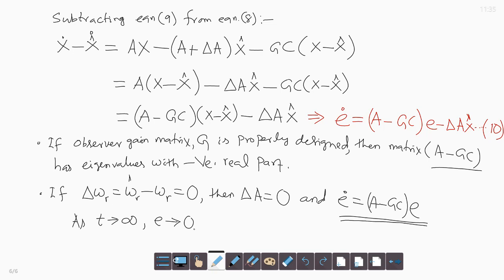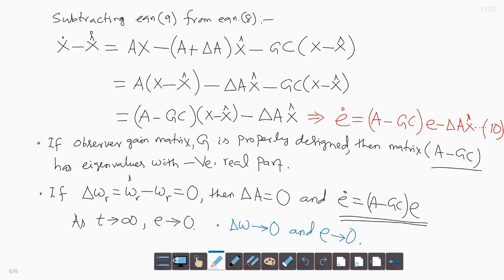Now we design a state observer and speed observer so that it ensures both. That means first, it ensures delta omega r approaches 0, the speed estimation error approaches 0 asymptotically, and the state error E also approaches 0.